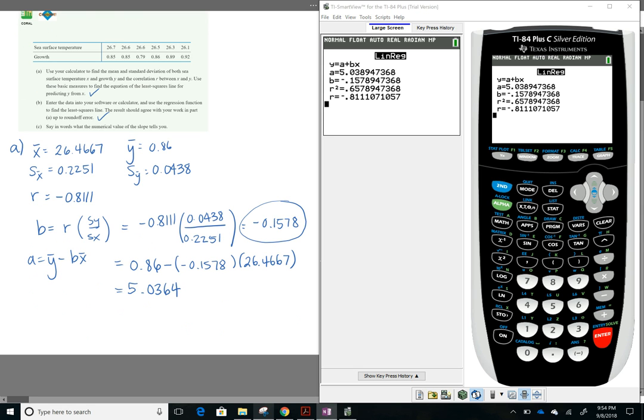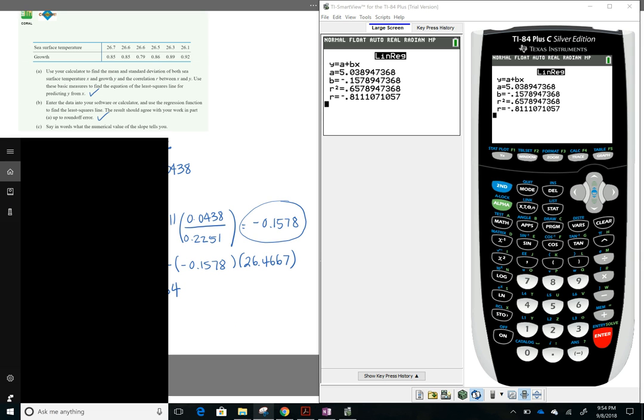So then we want to interpret what this value of the slope means, lastly. The slope is one change in x for the slope change in y. I'm going to write that down.